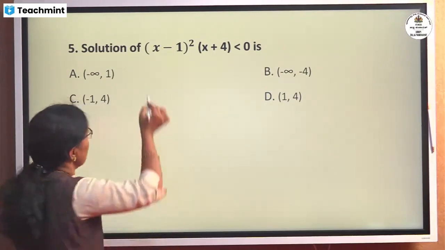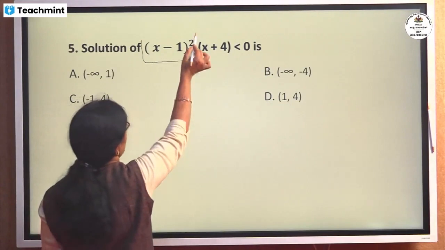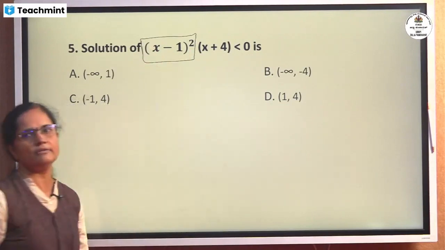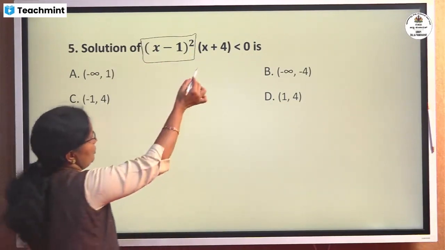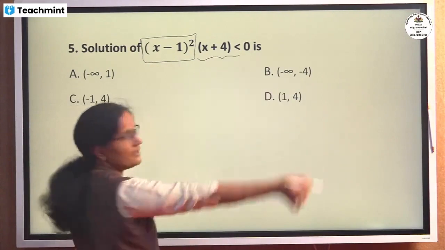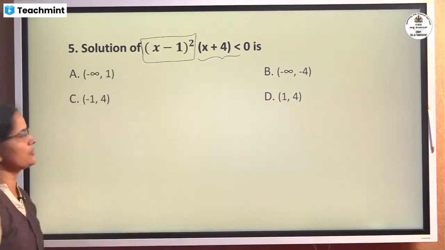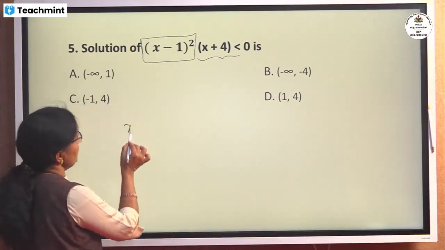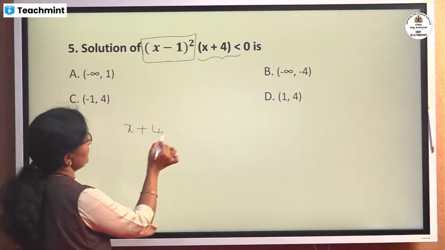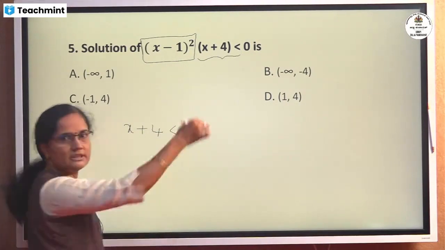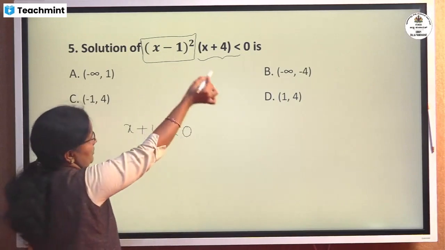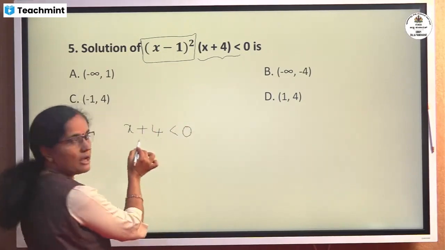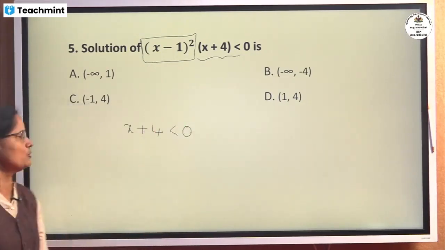So you know that this one is always positive because square numbers are always positive. Therefore, this term decides the sign of the inequation. So it is given that x plus 4 is negative. So it is given in the inequation. Plus into minus is always negative. Therefore, I will take the condition x plus 4 is negative.